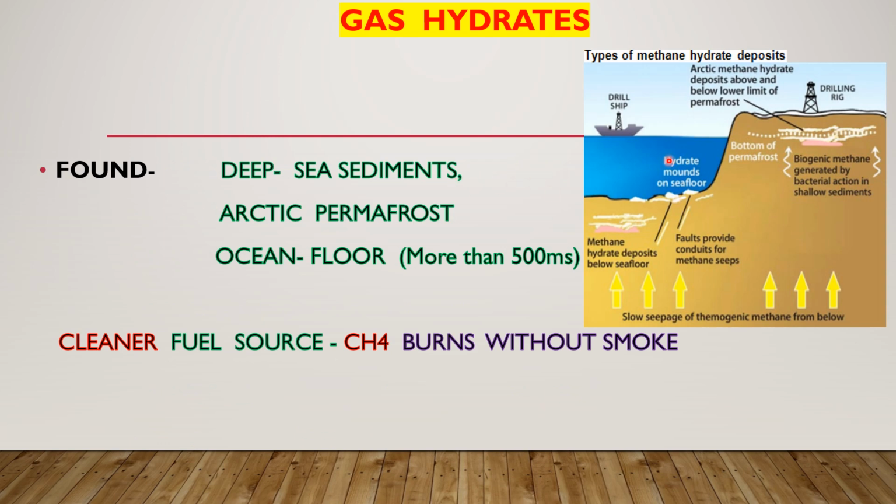Where is it found? As you can see here, it's found on the sea floor, underneath the Arctic, underneath the permafrost, and on the ocean floor. So it's a very novel kind of energy source.